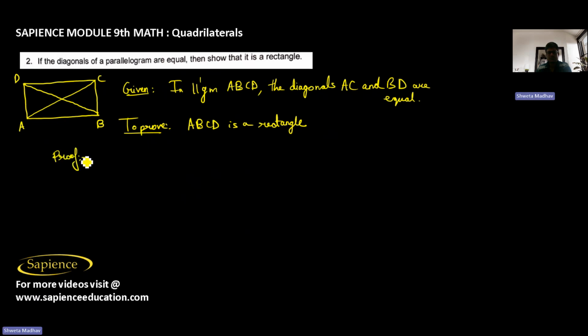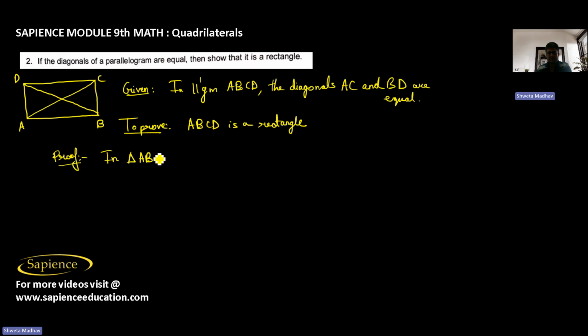In the proof, we will take triangle ABD and triangle BAC.